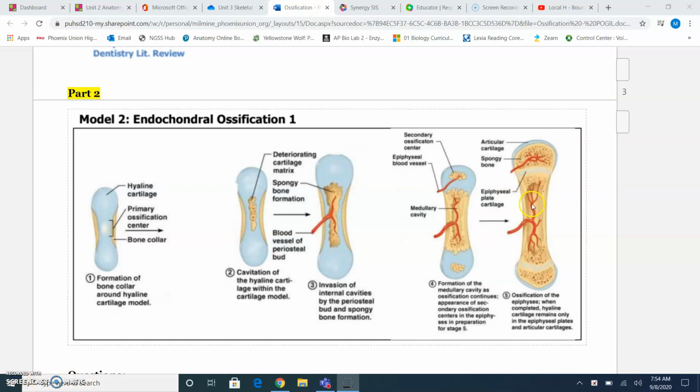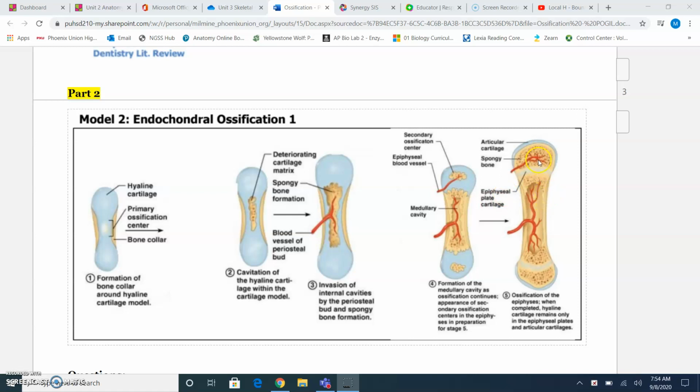And then our last step of the bone forming, we can definitely see that the cartilage has continued to become ossified, with the exception of the ends of the epiphysis, known as the epiphyseal plate. The epiphyseal plate remains cartilage, and it's also known as our growth plate.